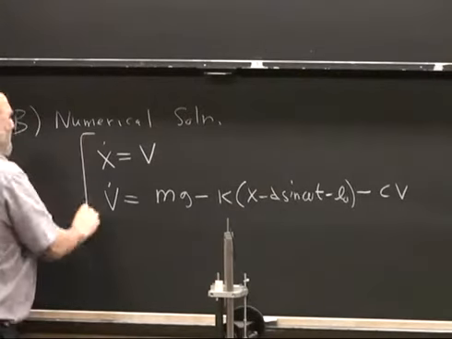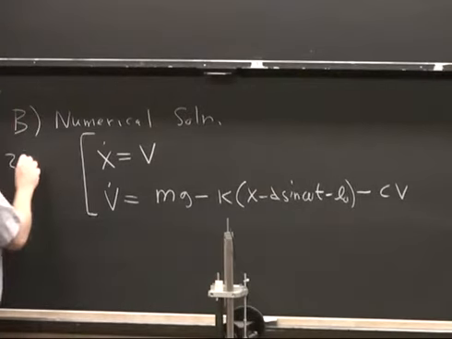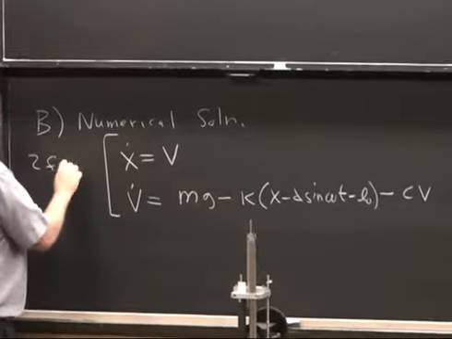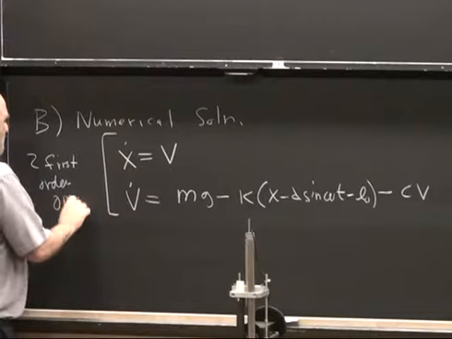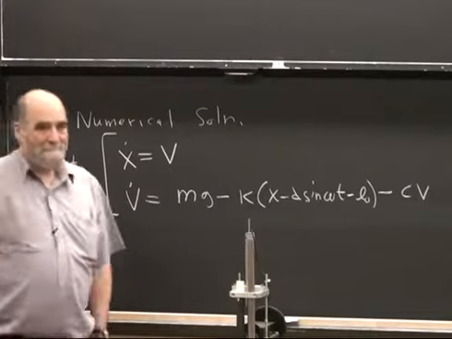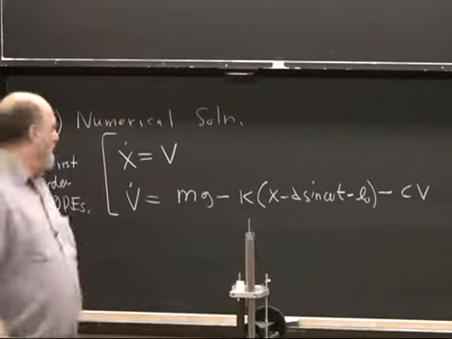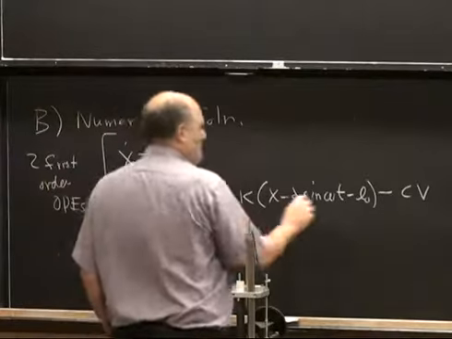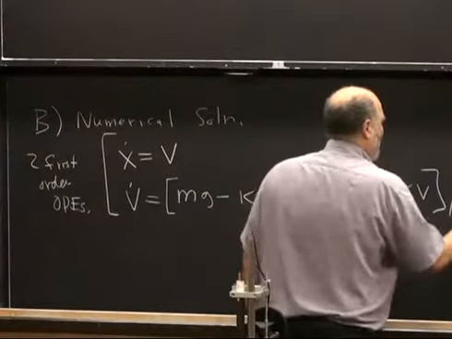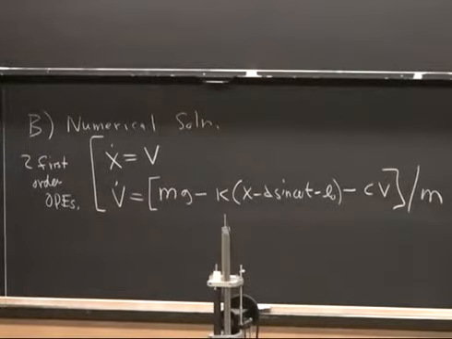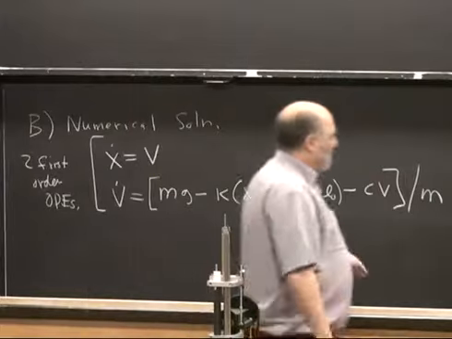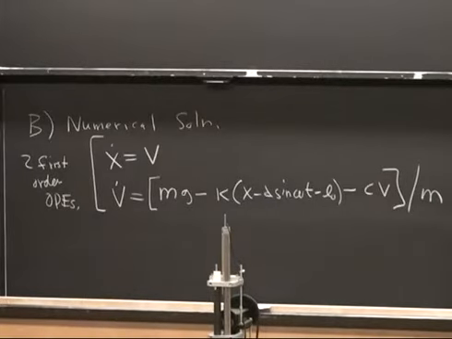And this is then a pair of first order ODEs. So this is the way we do it on the computer where we don't have analytic solutions. Any questions about that?